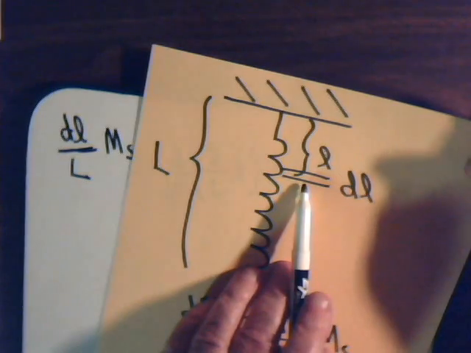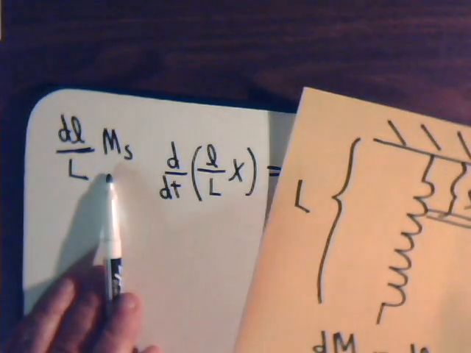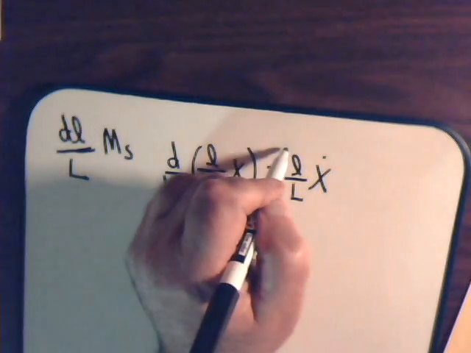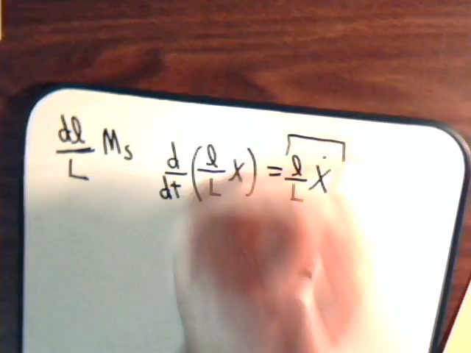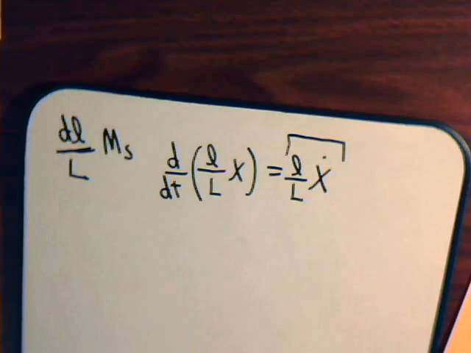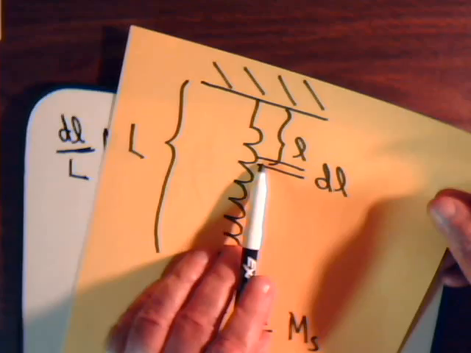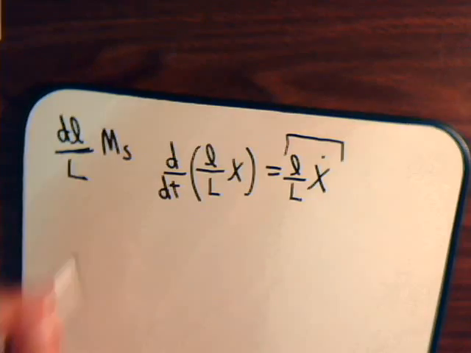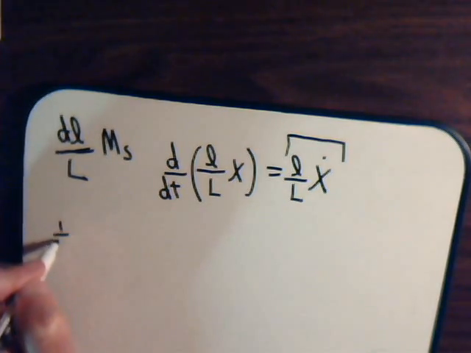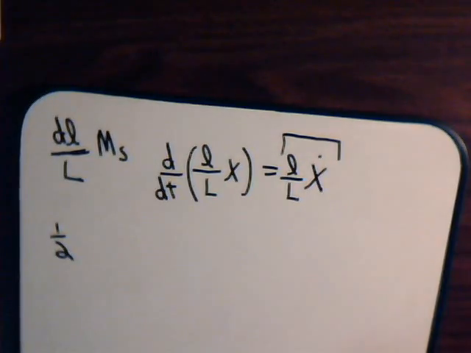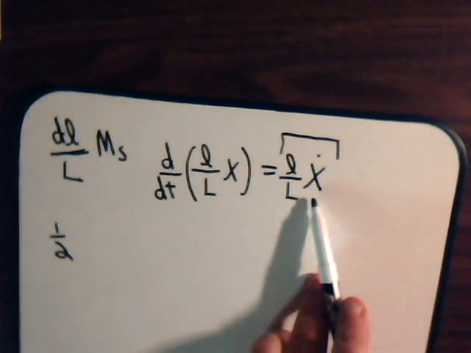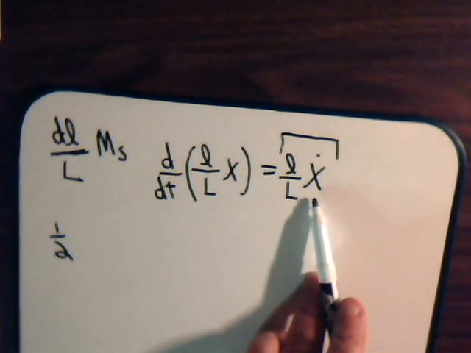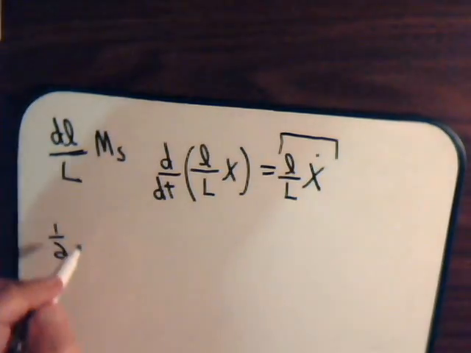So at this differential we know what its mass is, that's this, and we know what its velocity is, that's this. So the kinetic energy at here dl, that's going to be 1/2 the mass, that's this, times the velocity squared, that's this. So let's write this first.